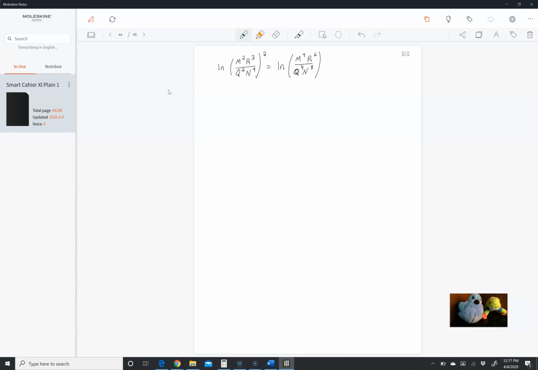So let's just do that. This can automatically go to the ln of m to the 4th plus ln r to the 6th minus ln q to the 4th minus ln n to the 8th. So anything that was in the denominator gets a minus sign. Anything that was in the numerator gets a plus sign.